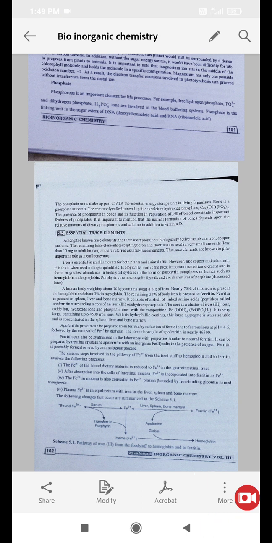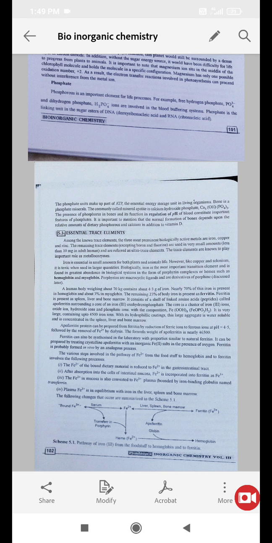The formula weight of apoferritin is nearly 46500. Ferritin can be synthesized in the laboratory with properties similar to natural ferritin. It can be prepared by treating crystalline apoferritin with an inorganic iron salt in the presence of oxygen. Ferritin is probably formed in vivo by an analogous process.